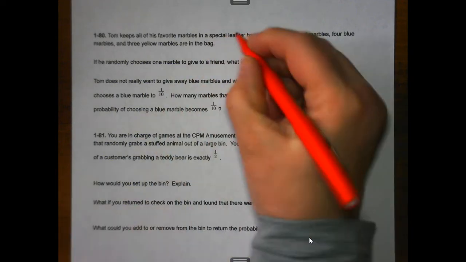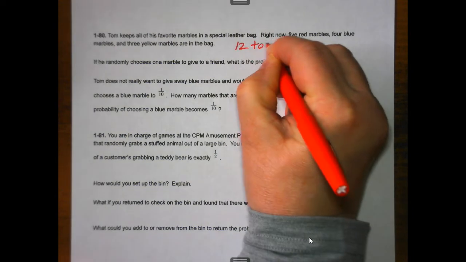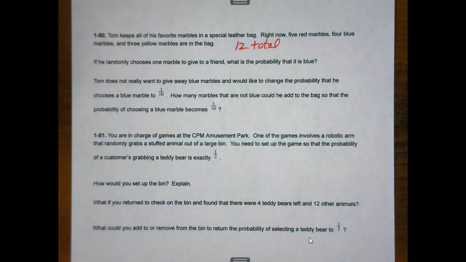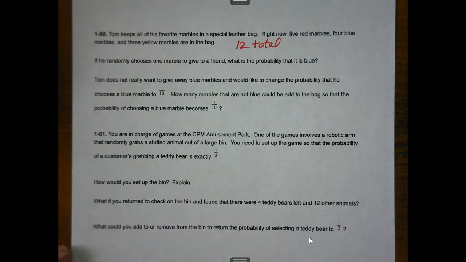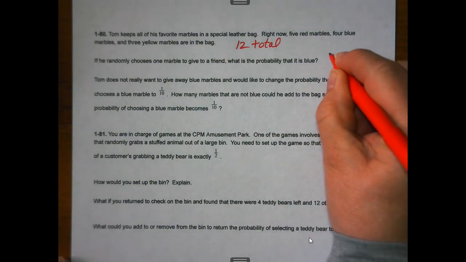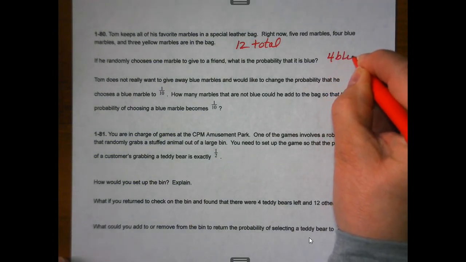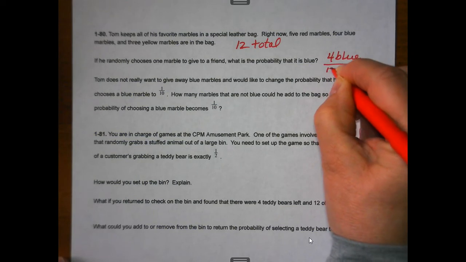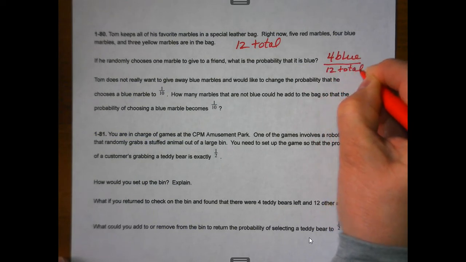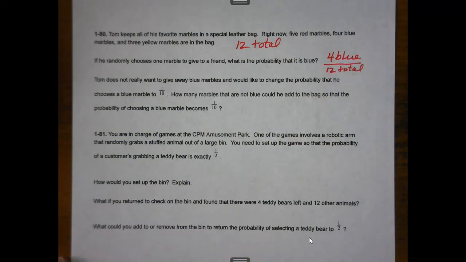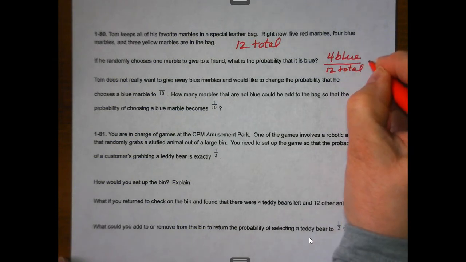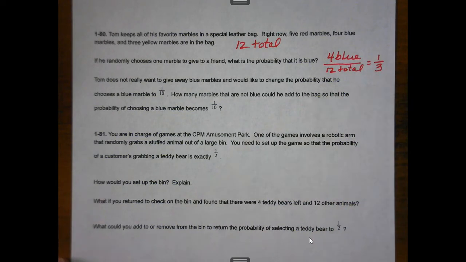Altogether, we have 12 total. All right, super important that we know that. If he randomly chooses one marble to give to a friend, what is the probability that it's blue? Well, again, we have 4 is the part that's blue. 12 is the total. And so there we are. We could write it as a reduced equivalent fraction as 1 out of 3.